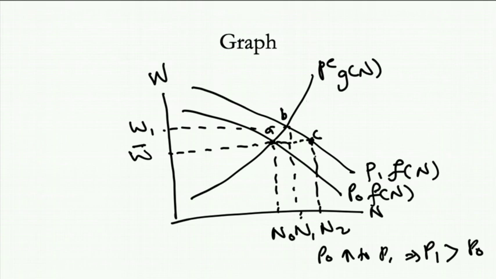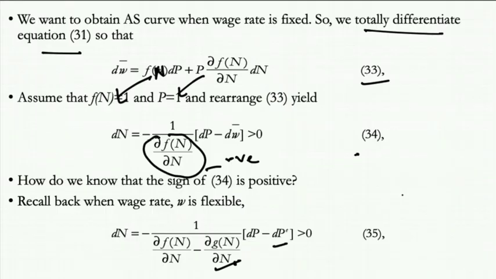So try to look at this diagram carefully and listen to my explanation just now, and then you may be able to answer why this one doesn't exist and this one has been substituted by dW bar. So good luck.